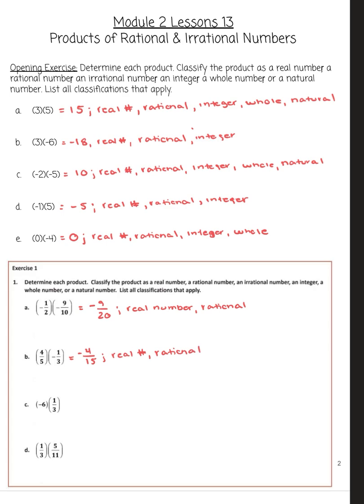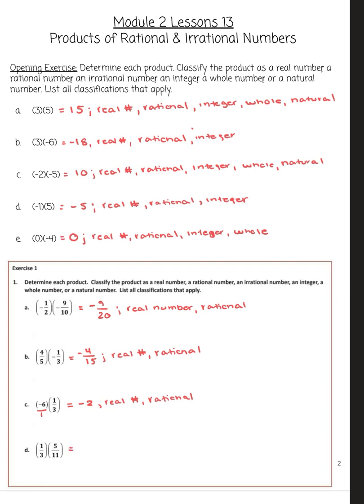All right, so we have -6 times 1/3, which is going to give me -2, because remember, we can put -6 over 1, multiply numerator times numerator, denominator times denominator. So that is real, and it is rational. And for D, again, we're going to multiply these fractions together.